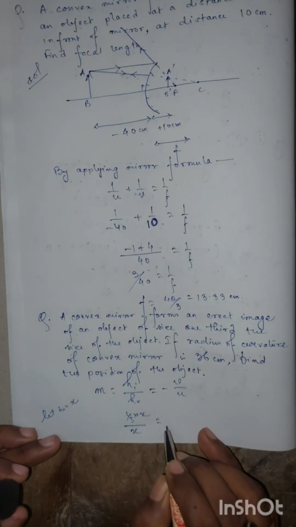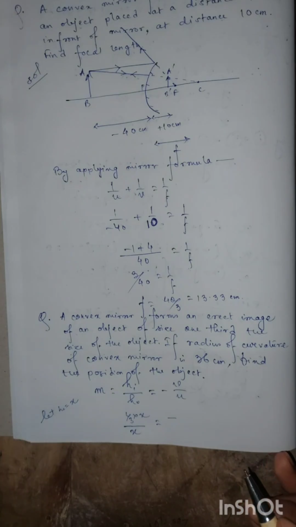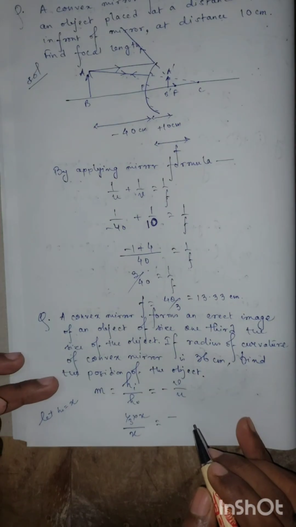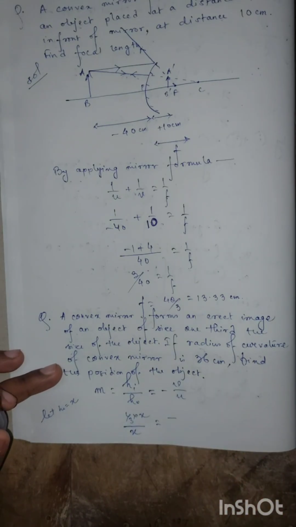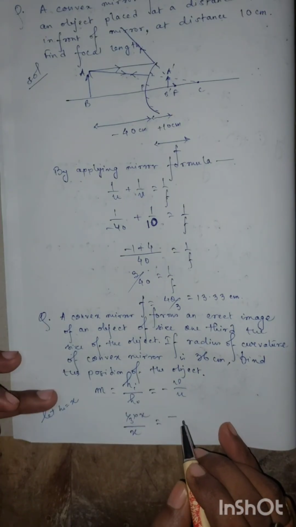Now it is minus v, this is our minus v by u.